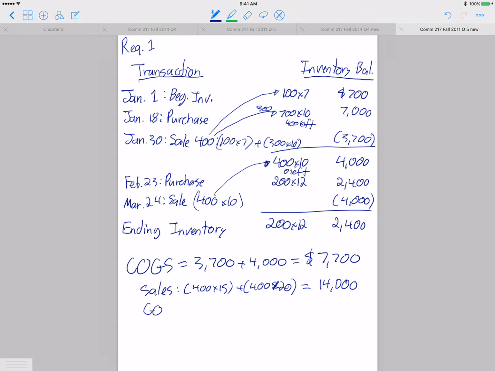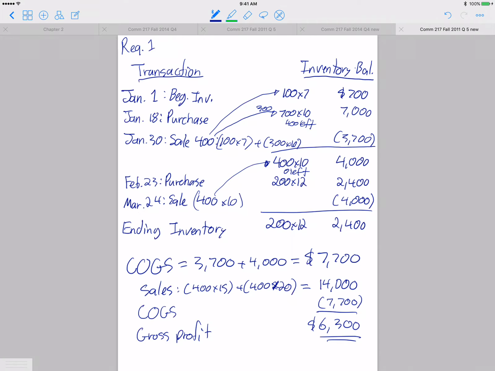And we'll have to subtract our cost of goods sold, which we've already calculated, which we said was 7,700. This, if we subtract it, gives us our gross profit, ending with 6,300.